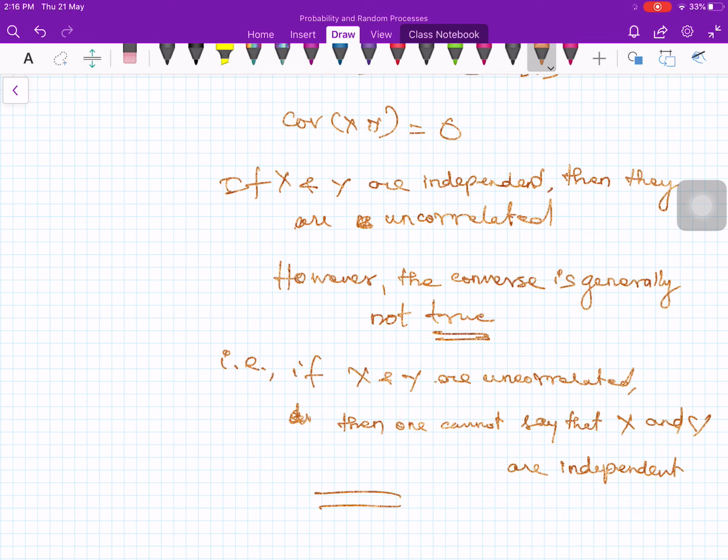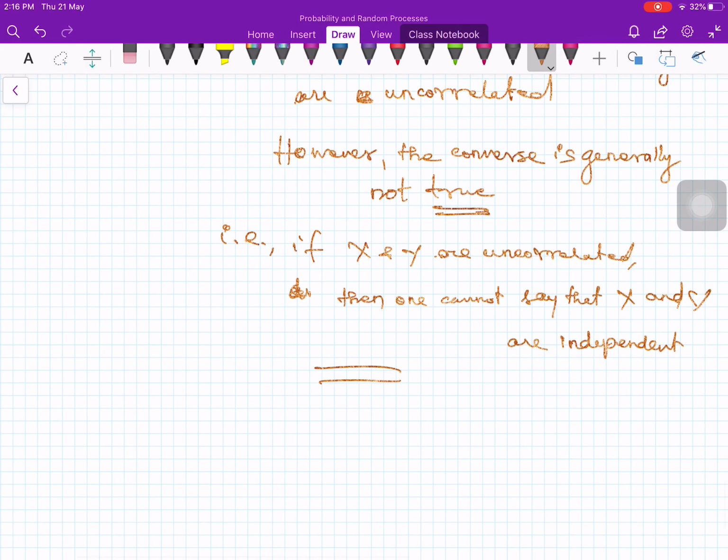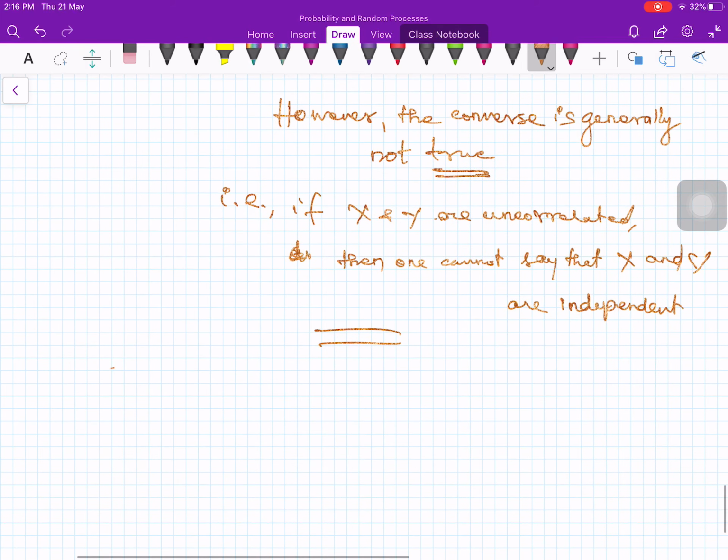So there are some properties for covariance. Let me record here a few properties of covariances, and these properties are easily derived from the definition of the covariance.